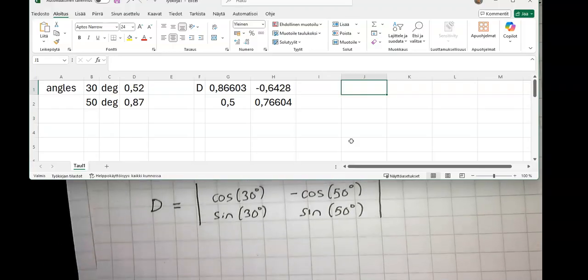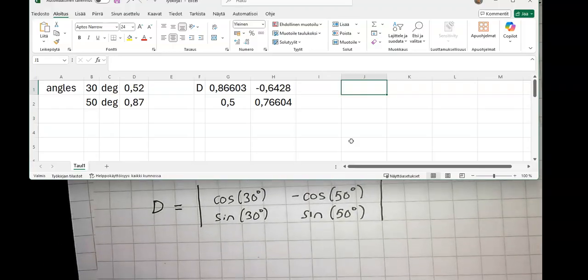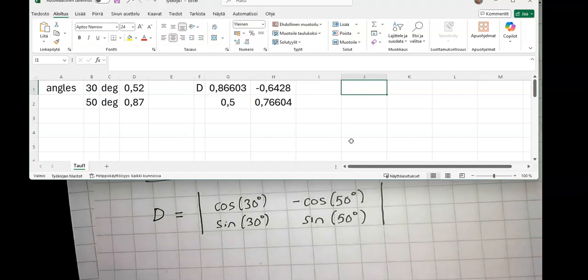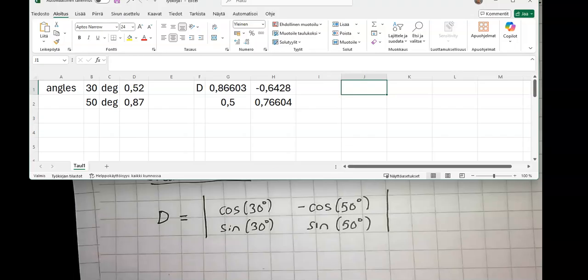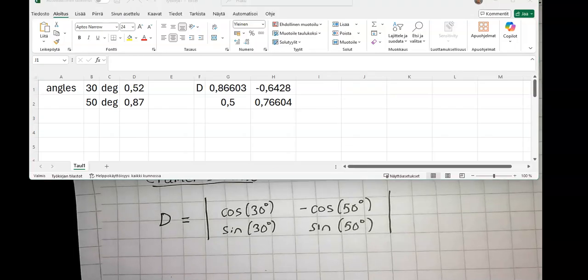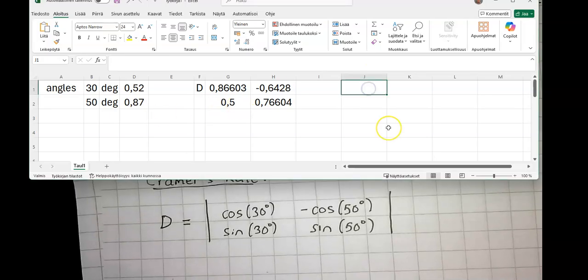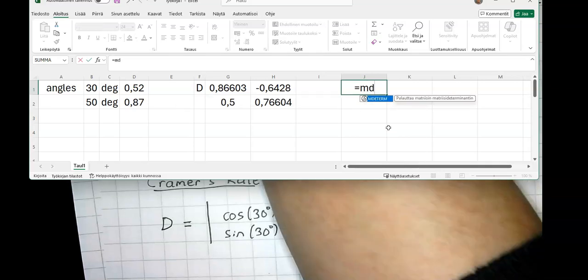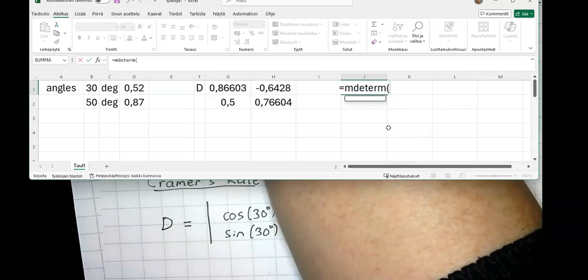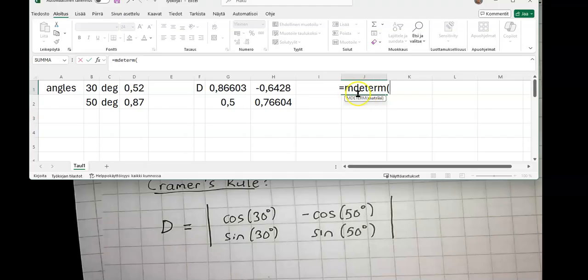And then we have a command. Wait a minute, is it in English the same command? I have to wait a minute. I will check that. Probably it is. I don't know if you know, but I will write this in Finnish version first. MDTM, matrix determinant.